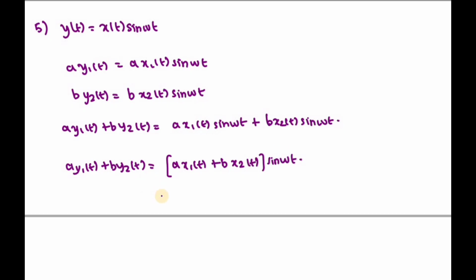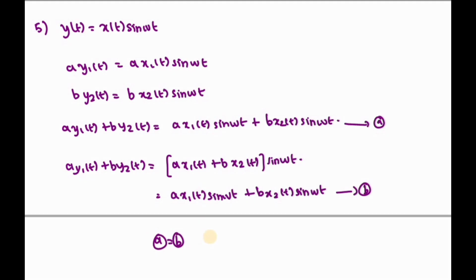So if we solve that, we get a y1 of t plus b y2 of t, which is a x1 of t sine omega c t plus b x2 of t sine omega c t. This is equal to the other side, so this is a linear system.